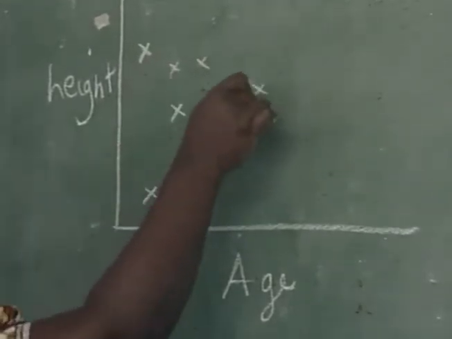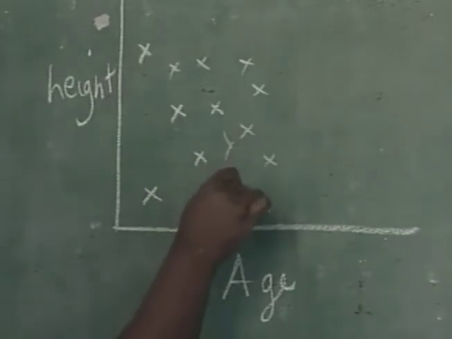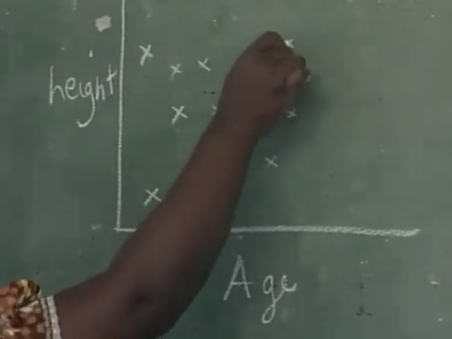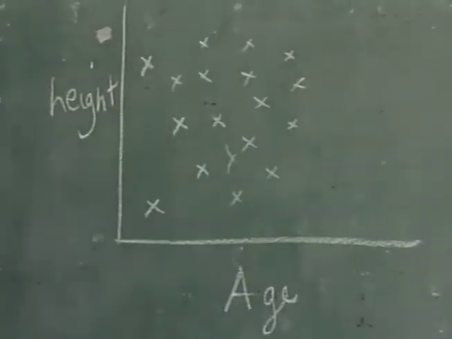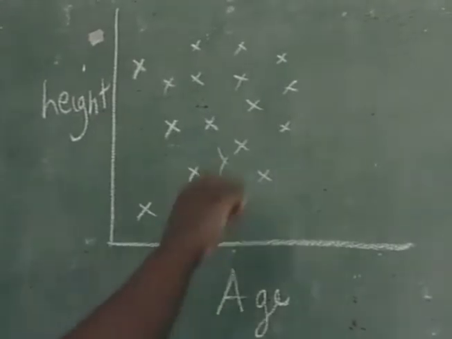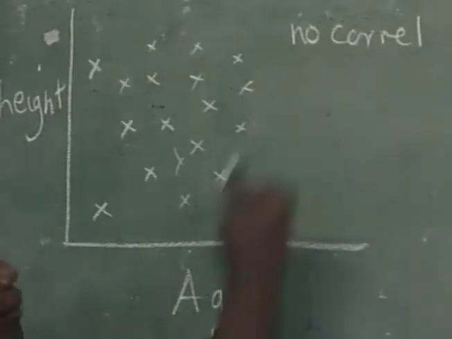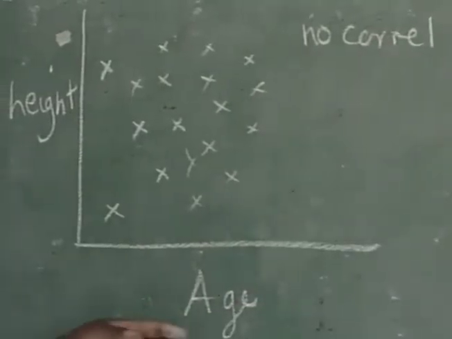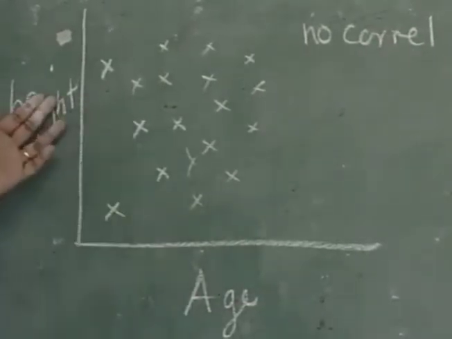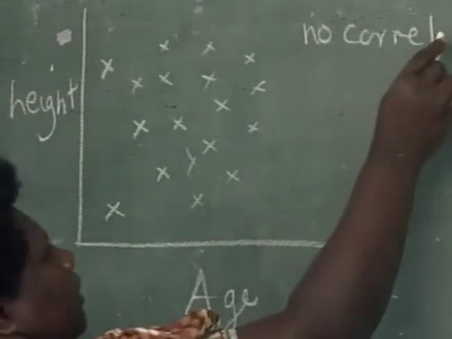If they are not related in any way, the points will be scattered all over the place. For this one, there is no correlation. That means there is no relationship between the age and the heights of those people who live on that particular planet. So no correlation.